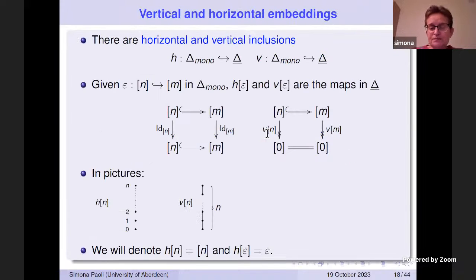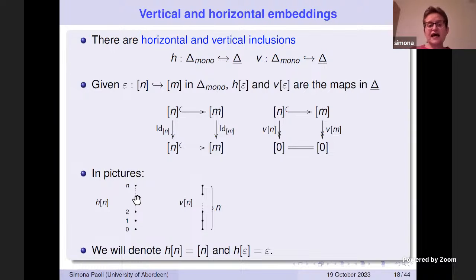First of all, one slight other thing that I want to say: there are two embeddings of delta mol into the fat delta. One is to say, if you have an ordinal here, you can take the surjection consisting of the identity, or you can take the surjection consisting of the map going into 0.